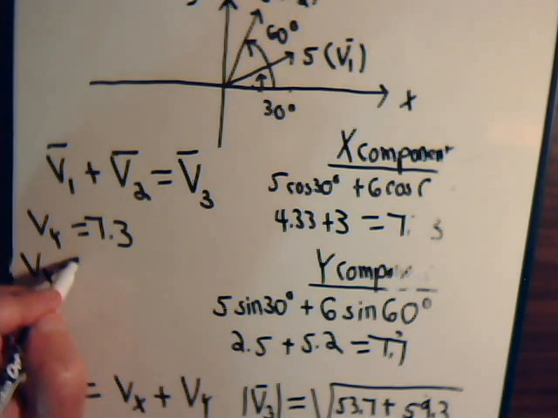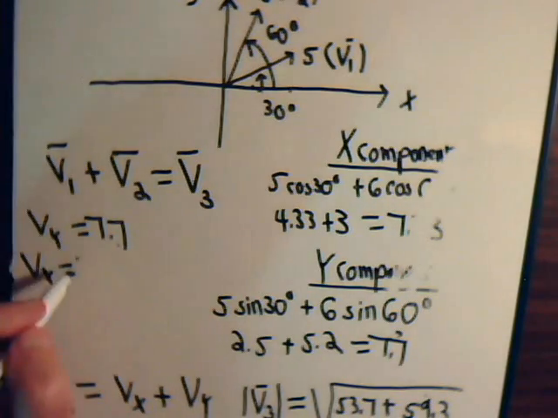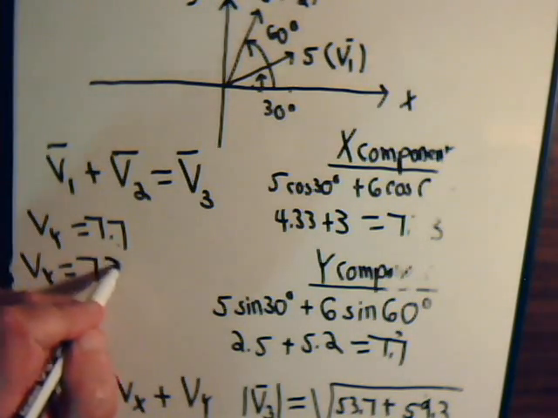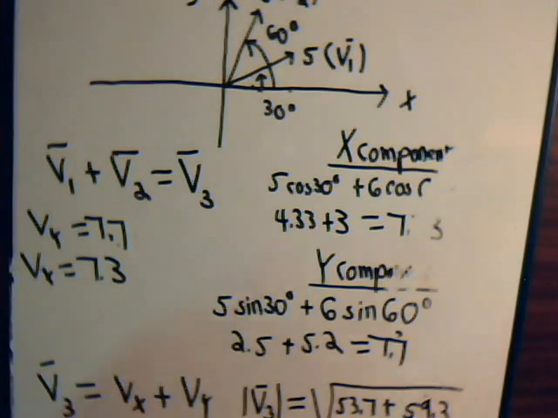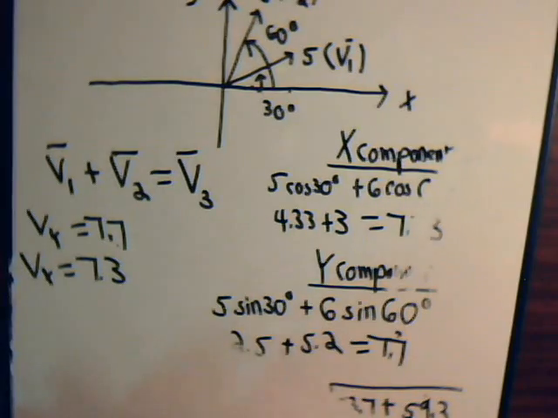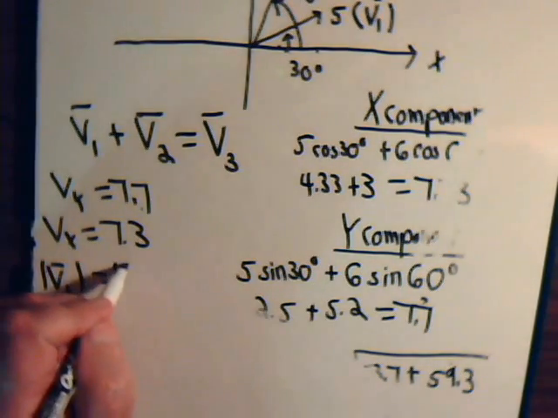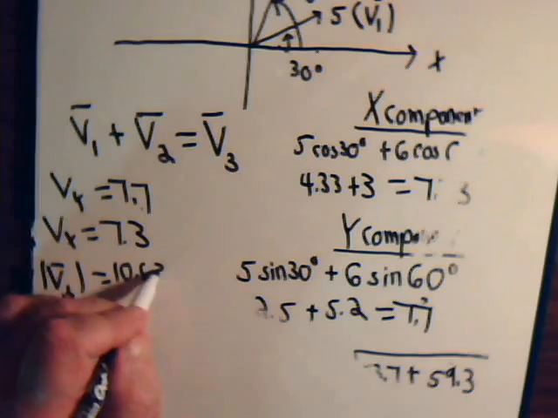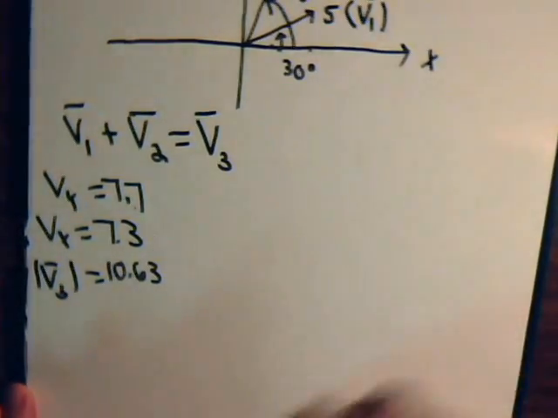Vx equals 7.3. Okay, now, the magnitude was 10.63. Now we need to know what is the phase angle.